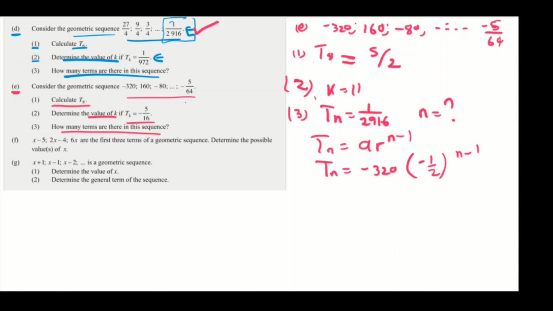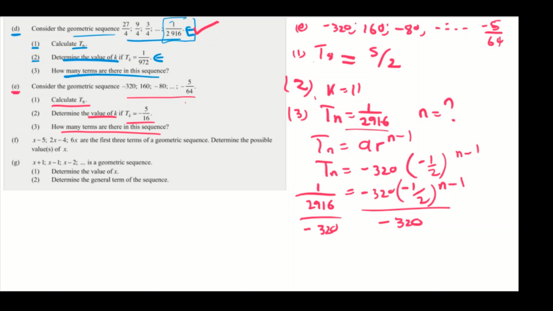And then my T of n is this one here, which is 1 over 2,916, equals minus 320 into minus 1 over 2 to the power of n minus 1, right? So we divide by minus 320 both sides, and then you punch this into your calculator. You should get an answer of minus 1 over 4096, which is equal to minus 1 over 2 to the power of n minus 1, right?